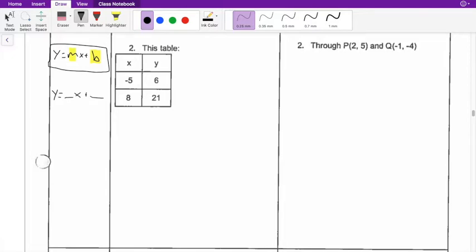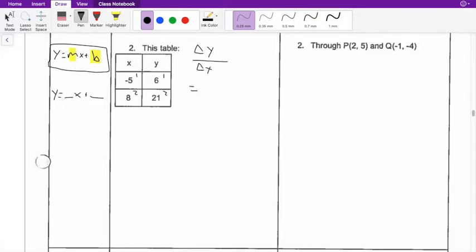So we have 2 points here. We can't find the y-intercept using 2 points, but we can find the slope. Let's label this as x1, y1, and this will be x2, y2. So we're going to use delta y over delta x.